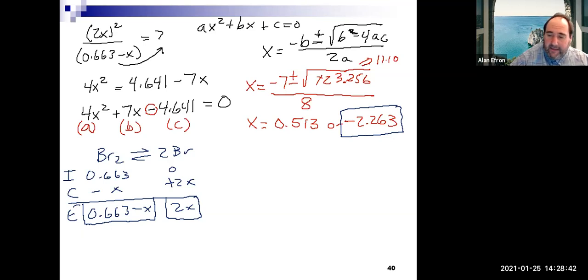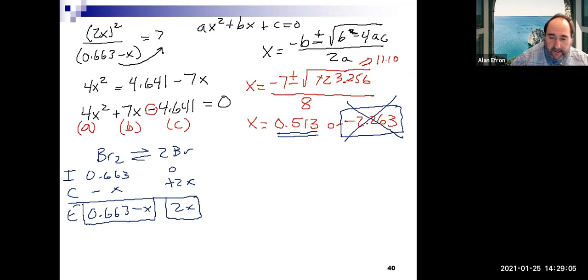You cannot have a negative concentration, which tells us this is not a good value of X. So the actual correct value for X should be this 0.513 number. Any questions on that?